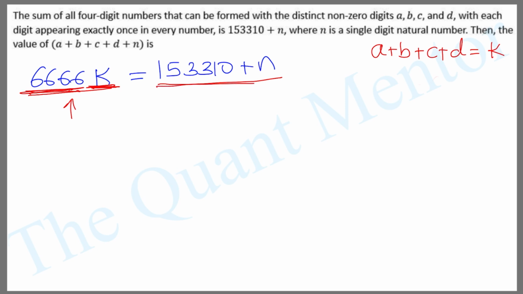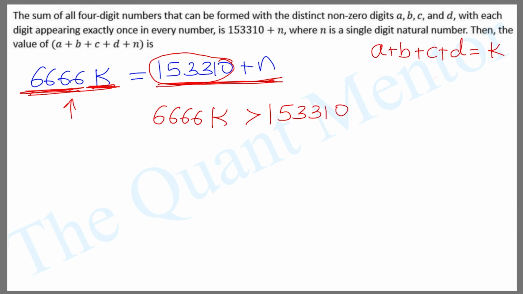And that is equal to the right hand side. So your right hand side is also an integral multiple of 6666. But your right hand side is 153310 plus n. So it is 6666 into k, but it is also greater than 153310.